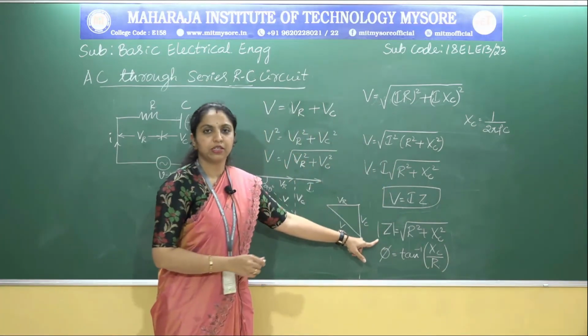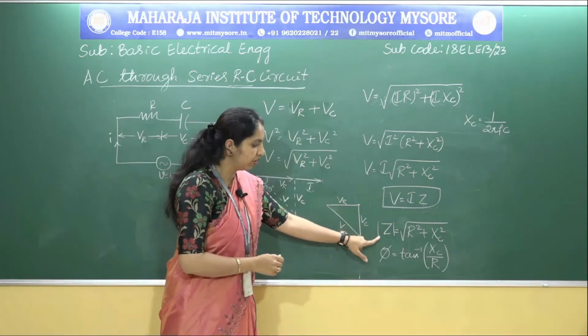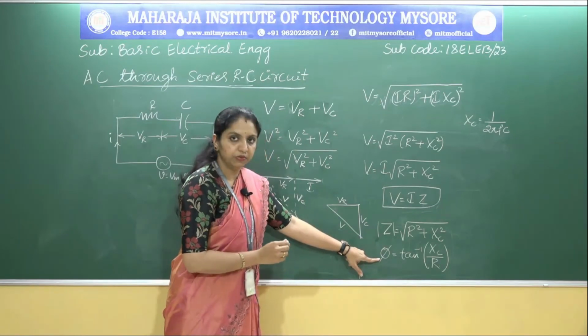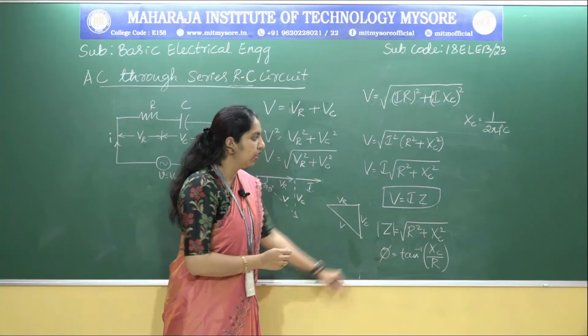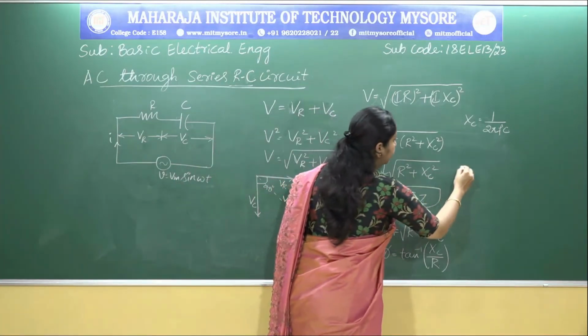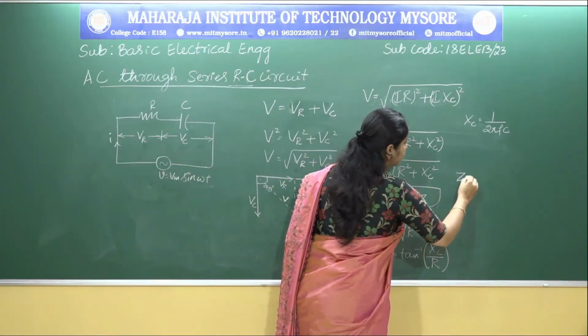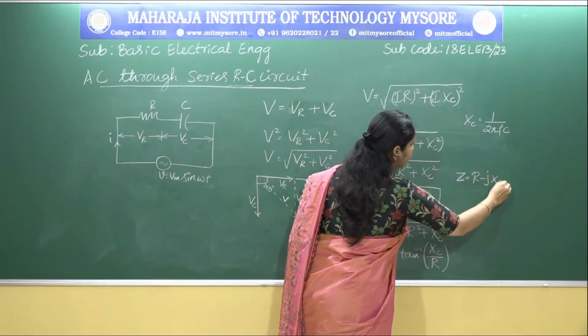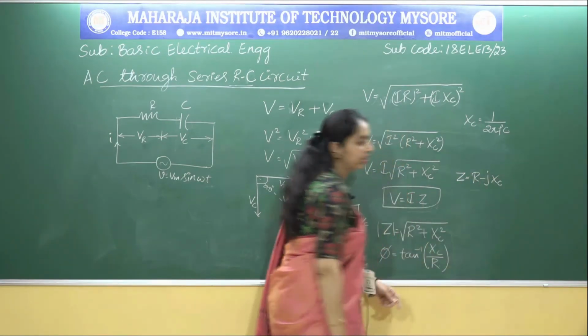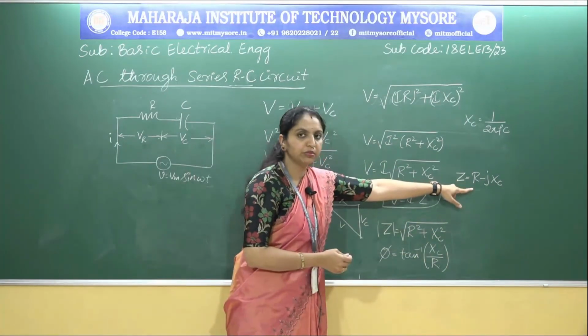So we have represented impedance in magnitude, and we have taken the phase, which is leading, and in complex form Z can be expressed as Z is equal to R minus J into XC. Look at the equation carefully. Why is it minus?